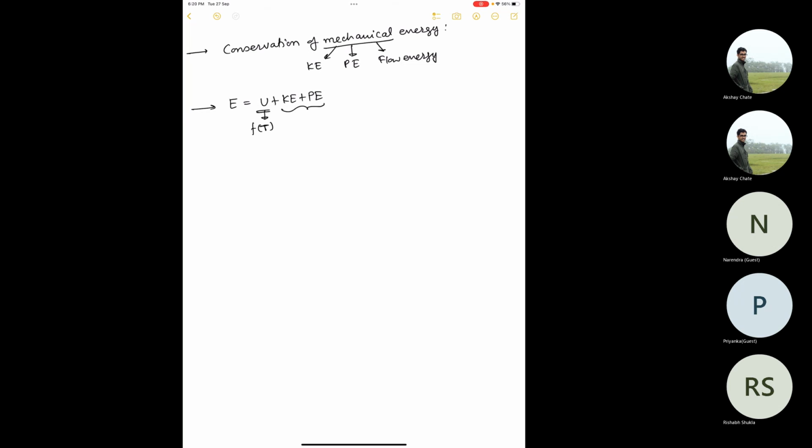I'll start with a simple problem. Maybe you might have seen such problems in your class or somewhere else. But today I thought I'll take some problems from previous GATE or ESE exams. So there is one problem. I'll give you the data.